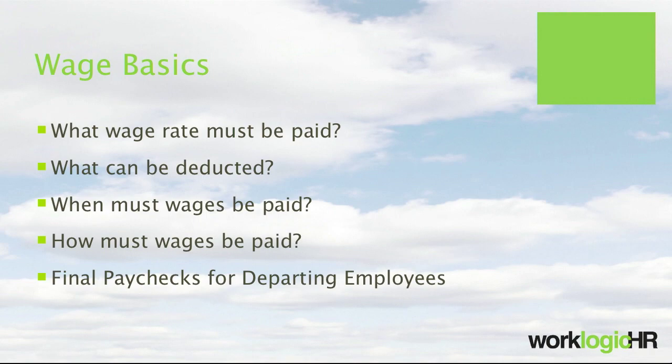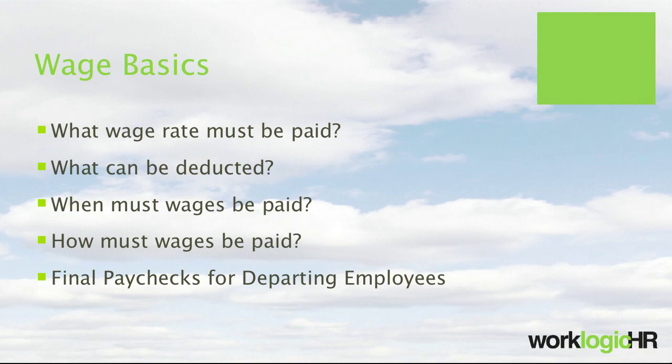These things align with the concepts we talked about last week about what exactly needs to be paid. But we're going to talk about the different wage rates. How much money do you need to pay for each hour worked or for each unit produced or however you've set up your compensation structure? What wage rate do you have to pay? What can you take out of those wages? There are certain deductions that you're allowed to make, but there are very specific limits on your ability to take away from those wages.